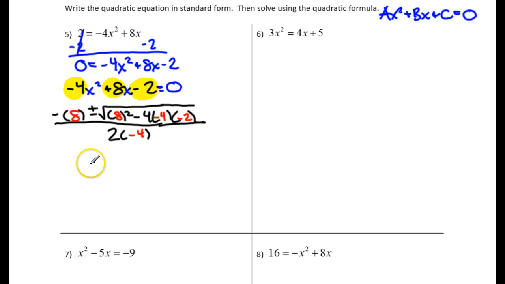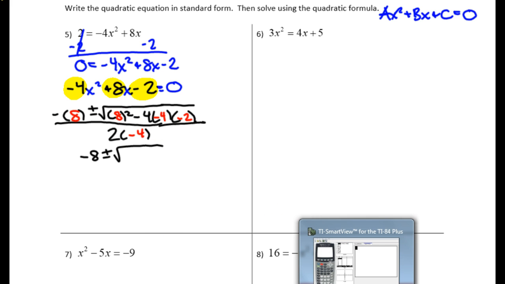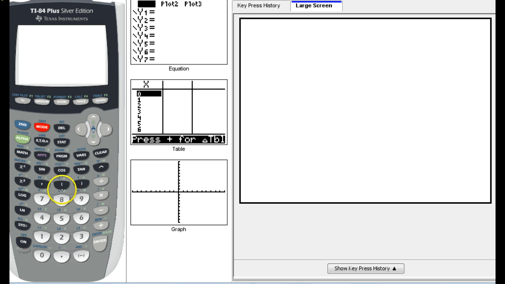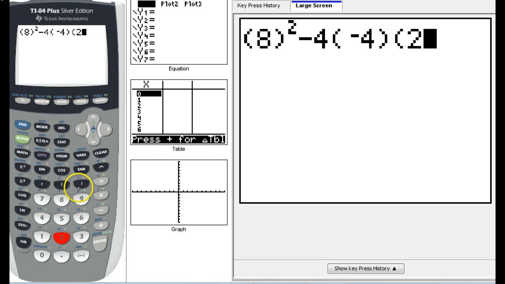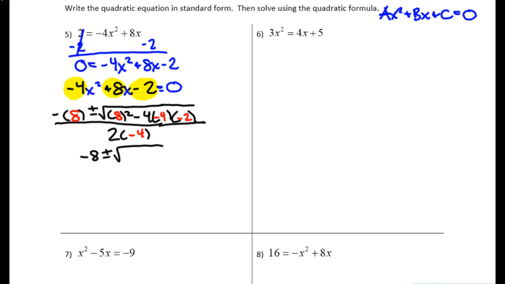So this is going to turn into negative 8, the negative times the 8, plus or minus the square root of, now remember, we're going to simplify everything under the radical in our calculator. So we're going to have 8 squared minus 4, parentheses, our a was negative 4, and our c, let me double check that, c was 2, right?